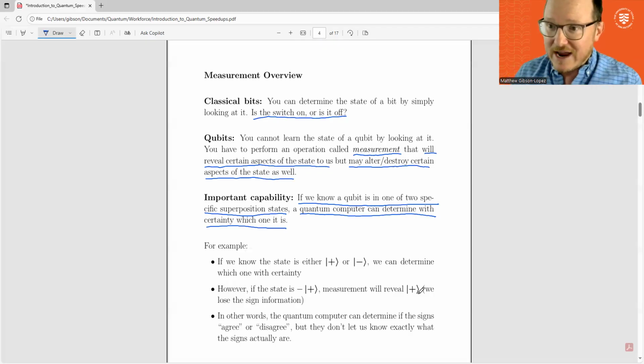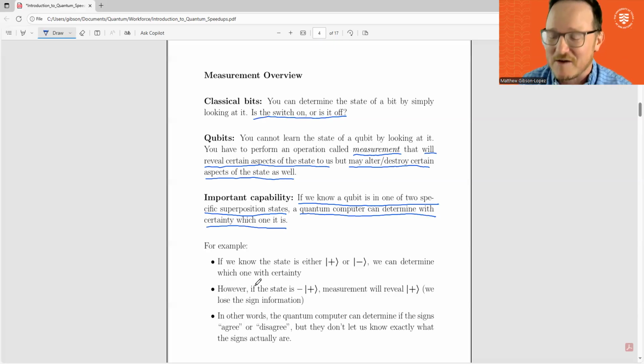That's the reason I categorize the superposition states according to whether or not the signs agree, because that's the information the quantum computer can tell me. I'm saying they do it with certainty. The reality is that on an actual quantum computer there is measurement error and readout error.